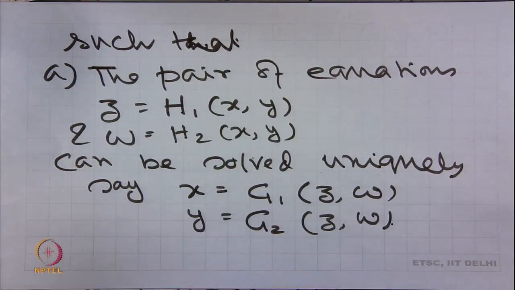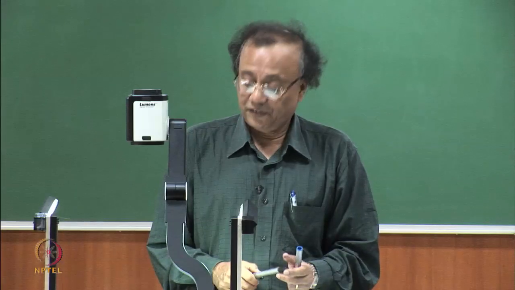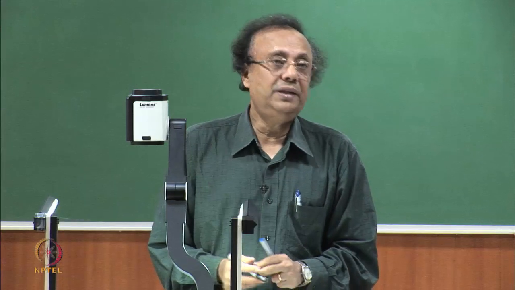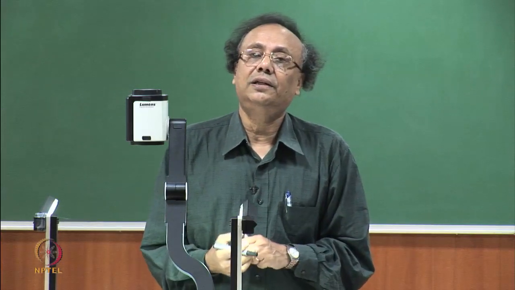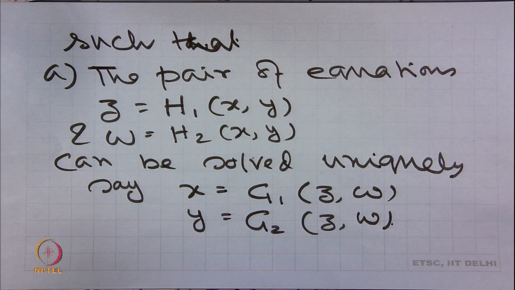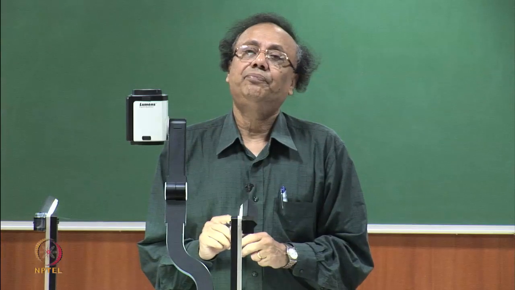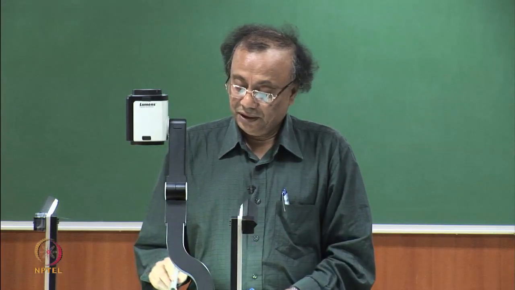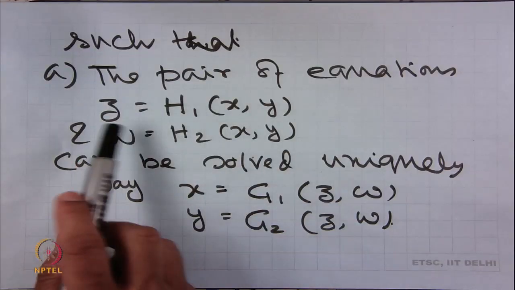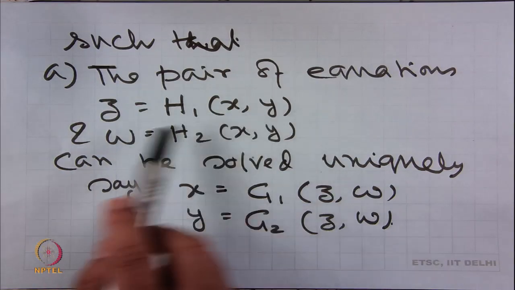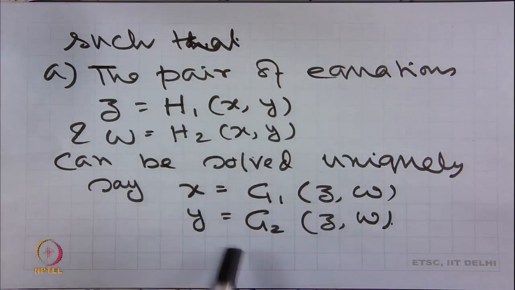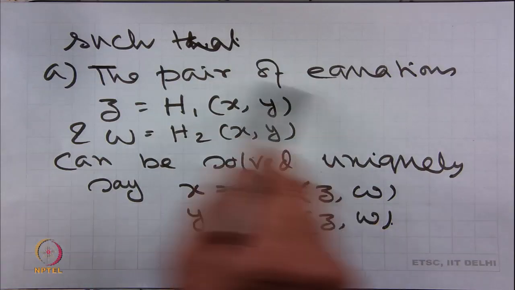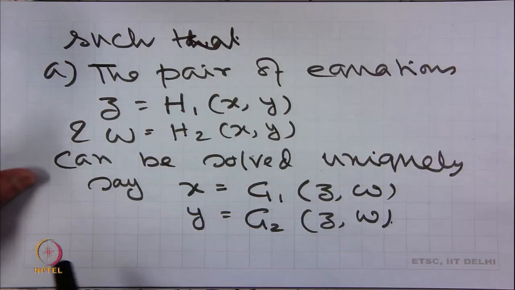So, you notice the similarity with when we are talking about function of a single random variable. We wanted the function to be monotonically increasing or decreasing, so that we can get the inverse uniquely. Similarly, given z and w, we want to identify the x and y uniquely. So, this condition ensures that.